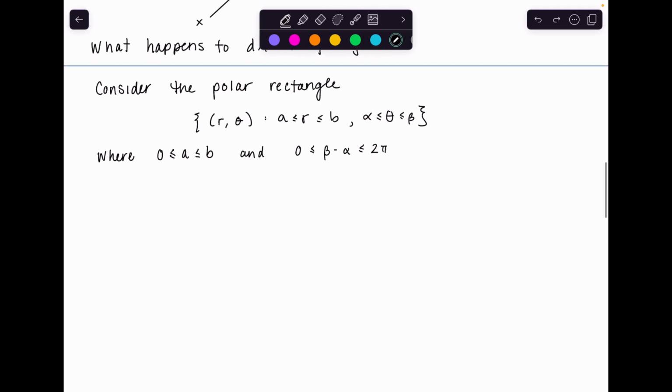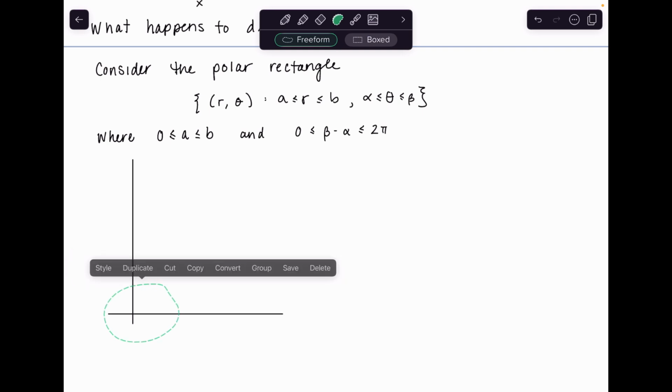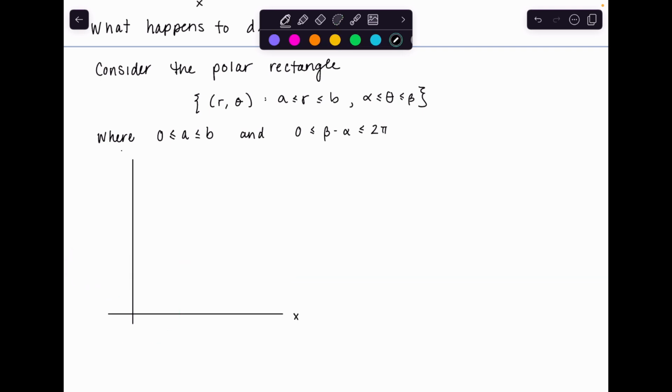So what ends up happening, we're going to draw a little picture to try to dissect this. And move this over here. So this is our x, this is our y, and remember we can always put that polar plane just directly on top of this. Our radii is switching between two values a and b.